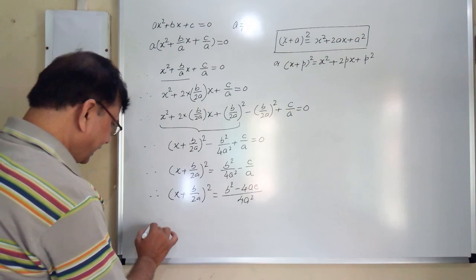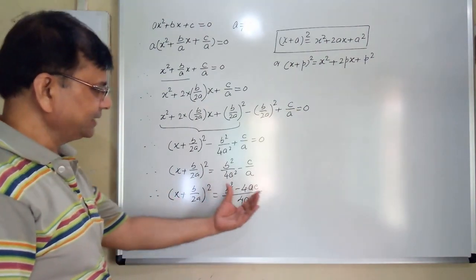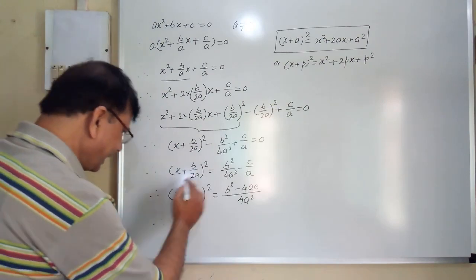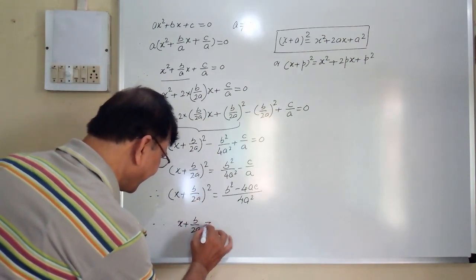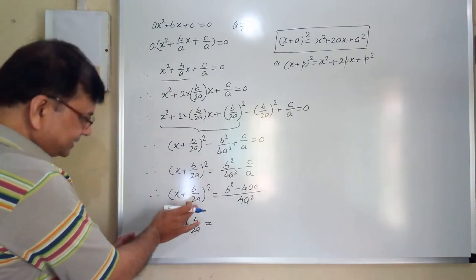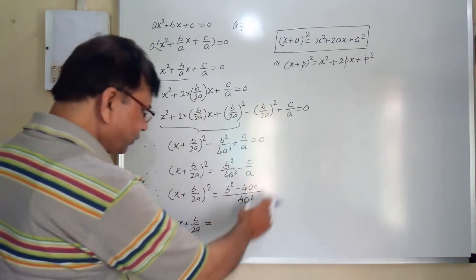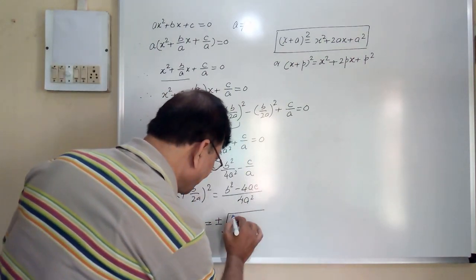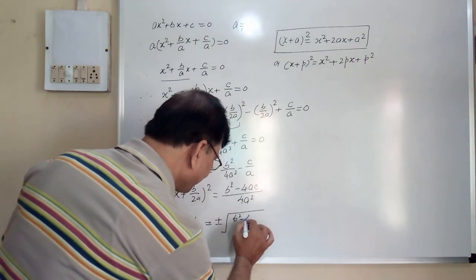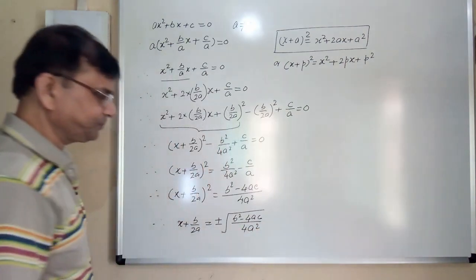Okay. Now we will take the square root of both sides. The square root of x plus b upon 2a whole square is simply x plus b upon 2a, since it is already a square. And the square root of the other side will be plus minus, as I have been doing, that is b square minus 4ac upon 4a square.